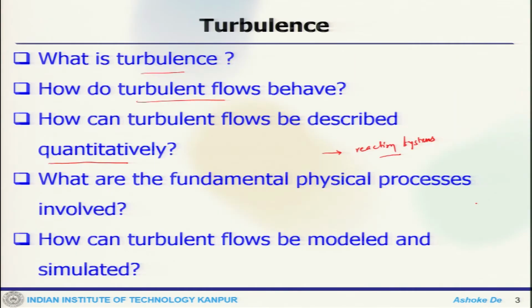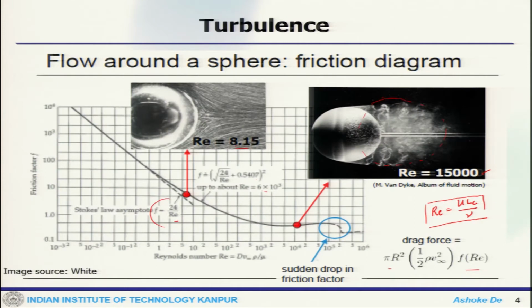Just to quickly review what we are going to do in this discussion on turbulence: we first look at what turbulence is and the behavior of turbulent flow, then we will try to characterize it, and then finally some of the processes which are involved and the modeling aspect. And then we started off with this particular example of the sphere.